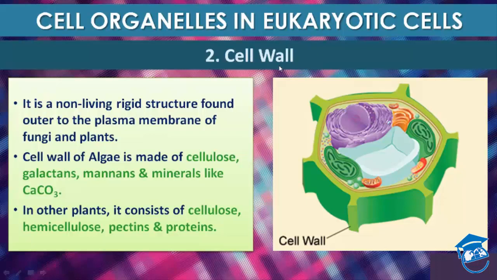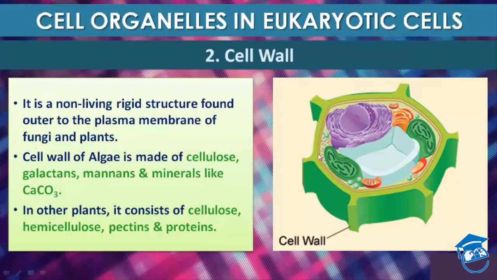Students, as you may recall, a non-living rigid structure is called the cell wall. It is formed as an outer covering for the plasma membrane of fungi and plants, students. This is the cell wall, the outer covering adjacent to the plasma membrane.